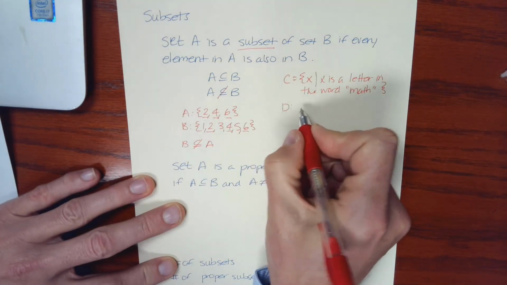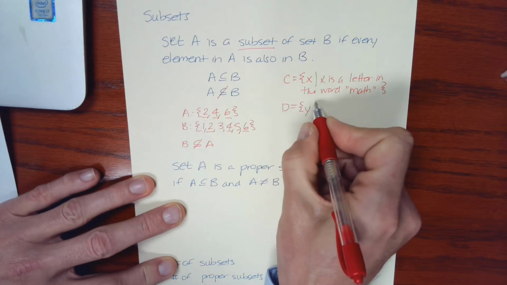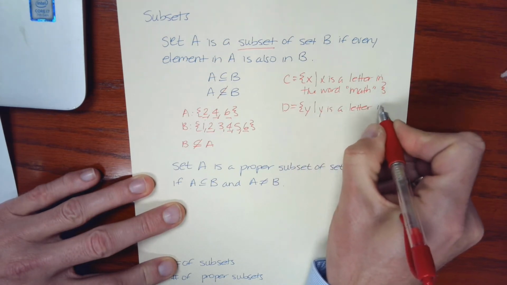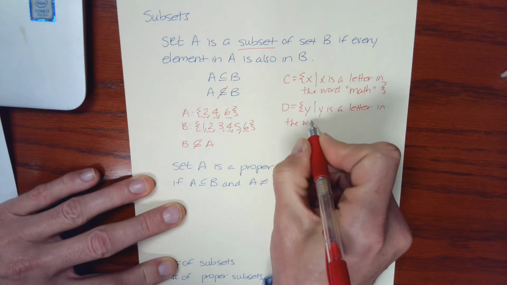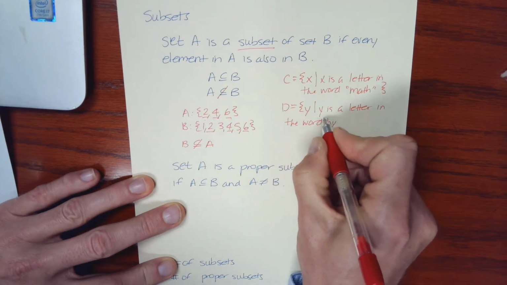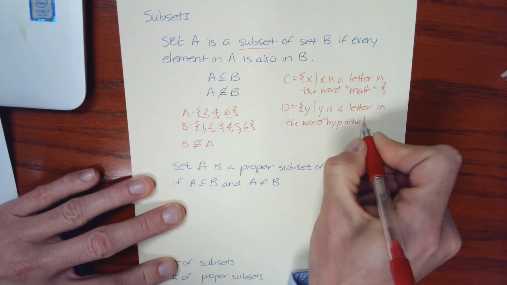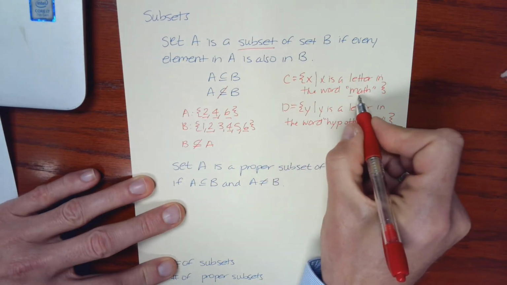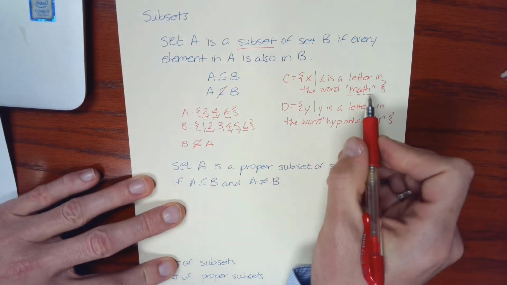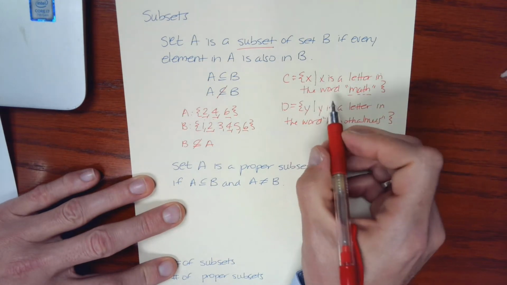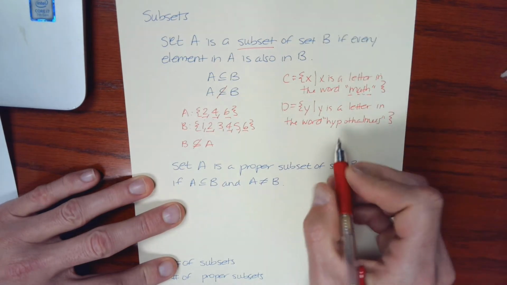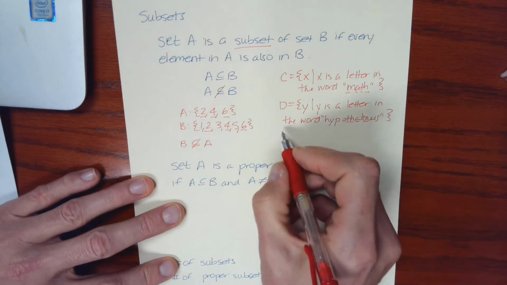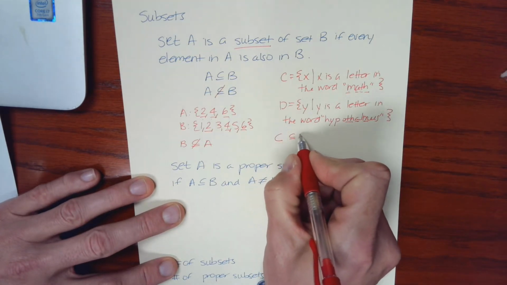And D will say is the set Y such that Y is a letter in the word hypothalamus. Then, C, if we were going to use the roster method, would be the elements M, A, T, and H. And notice that those elements M, A, T, and H are also here in set D. So we can say that C is a subset of D.